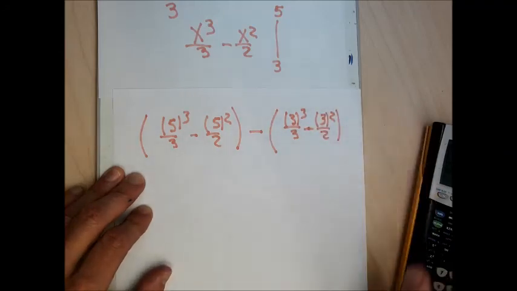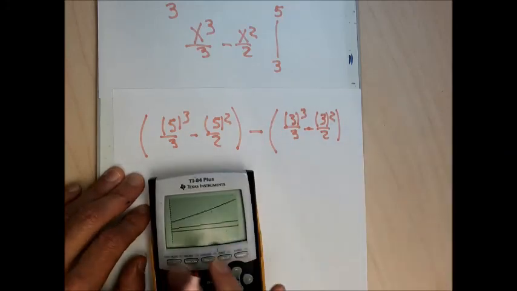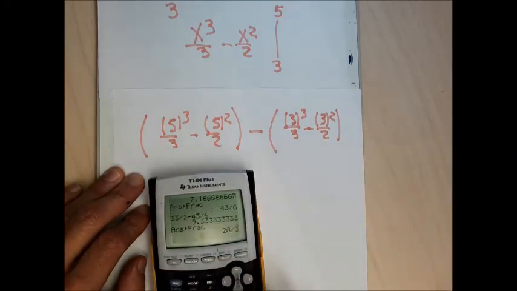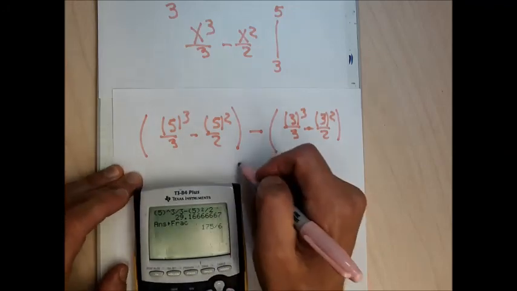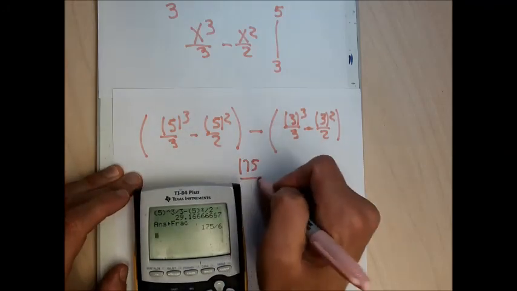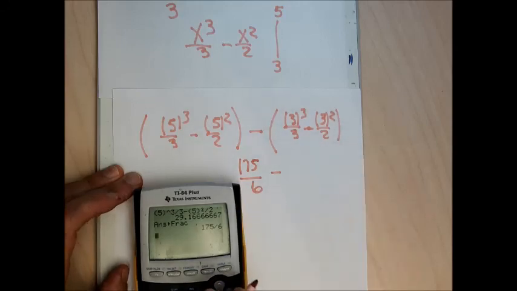I'm going to subtract those results. So the first one back on my main screen is going to be parentheses 5 up arrow cubed divided by 3 minus 5 squared over 2, math, enter, enter. The first one comes out to 175 over 6, and then minus.